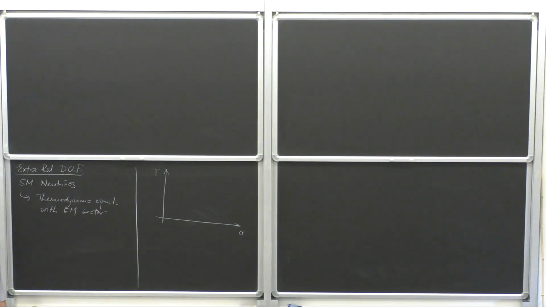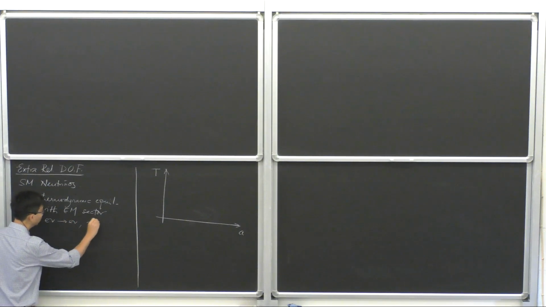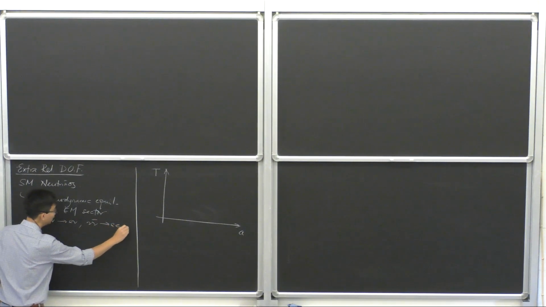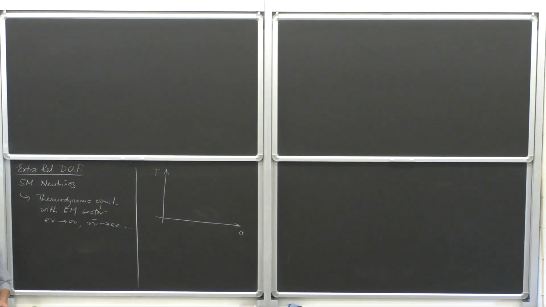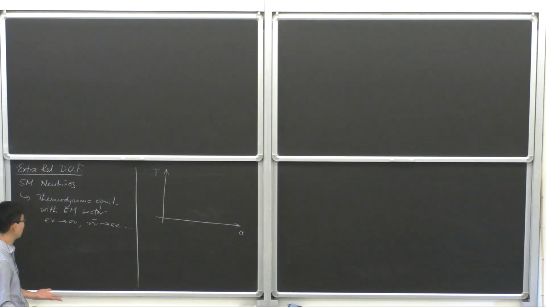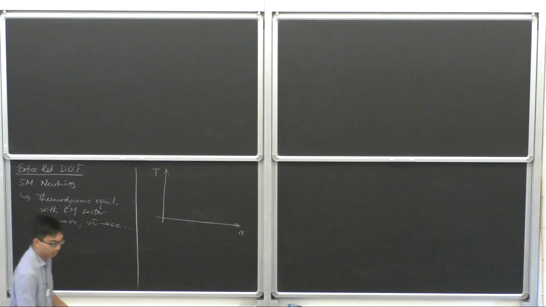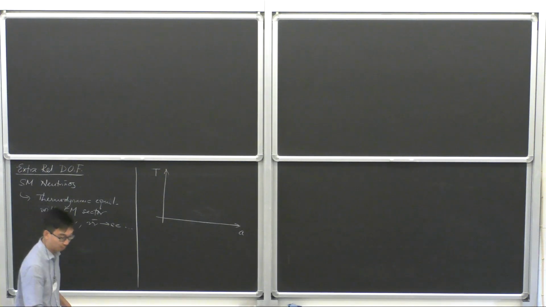And that's because of reactions that look like e nu to e nu, as well as nu nu bar to e e, and so on. Okay, so there are a lot of these reactions. They keep everything in thermodynamic equilibrium, so at early enough times they have the same temperature as the rest of the standard model, and they have zero chemical potential, as does the rest of the standard model.